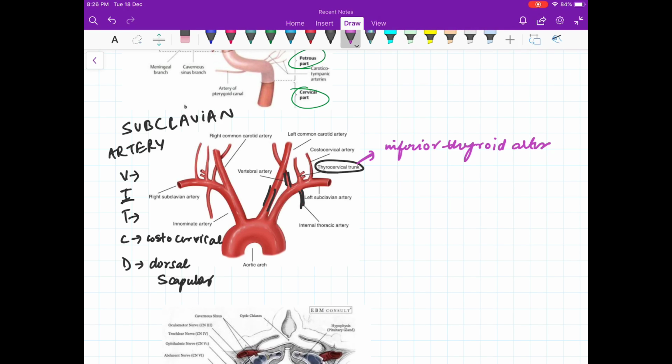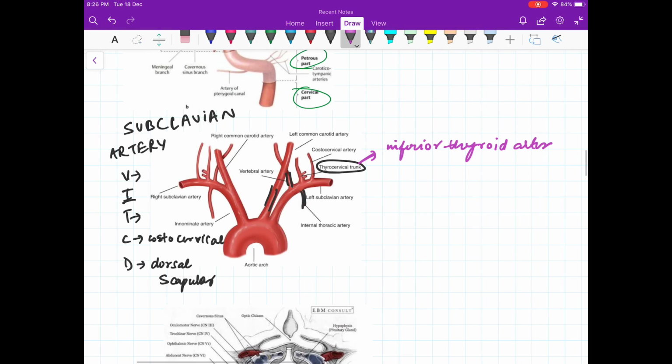Cervical means costocervical trunk. Cos 2 means, like it will be giving transverse cervical artery.